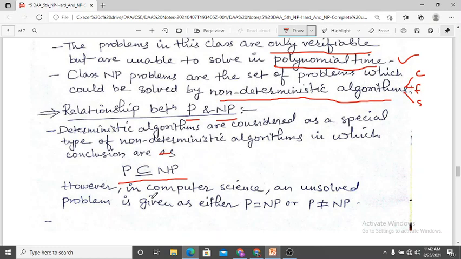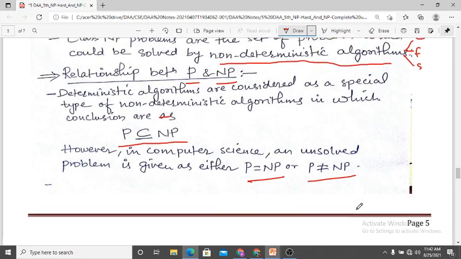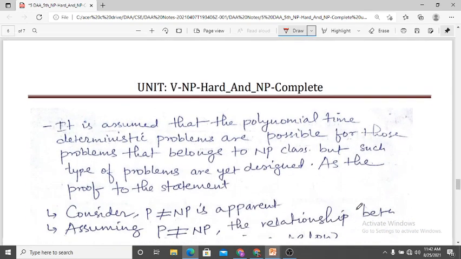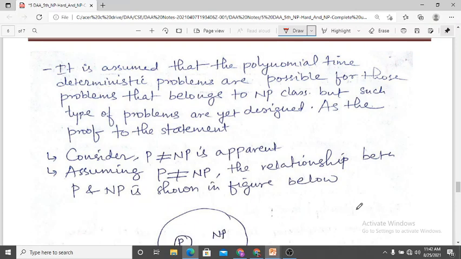However, in computer science, the unsolved problem is given as either P equals NP or P does not equal NP.